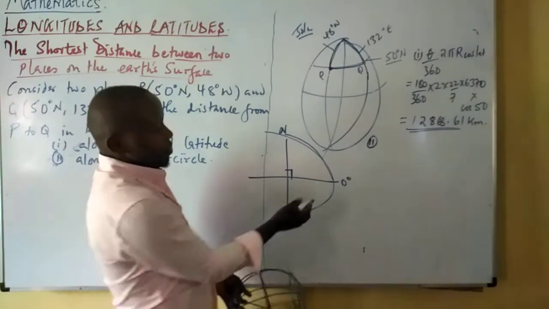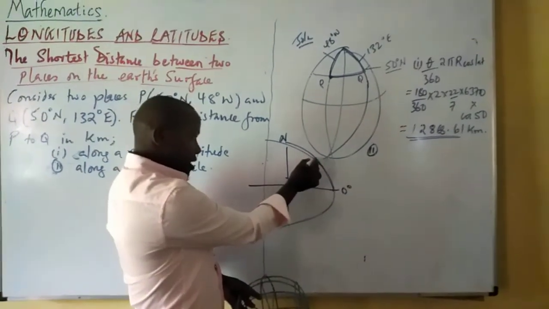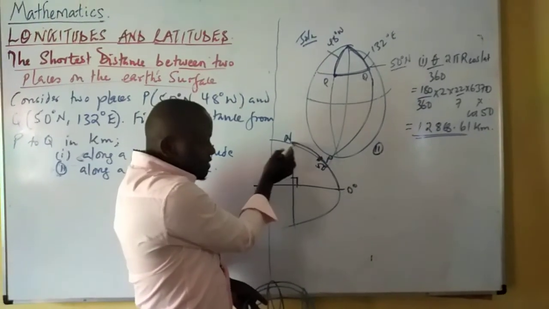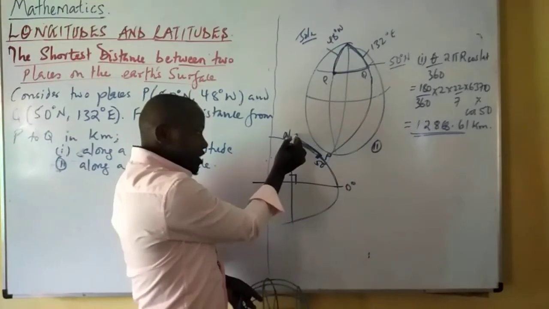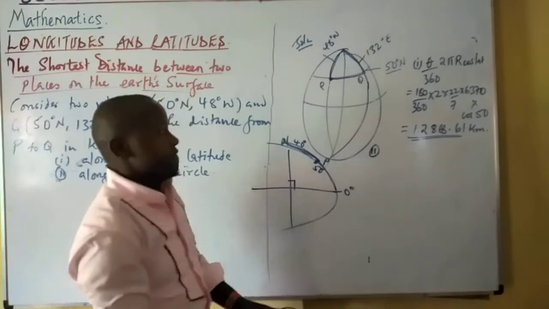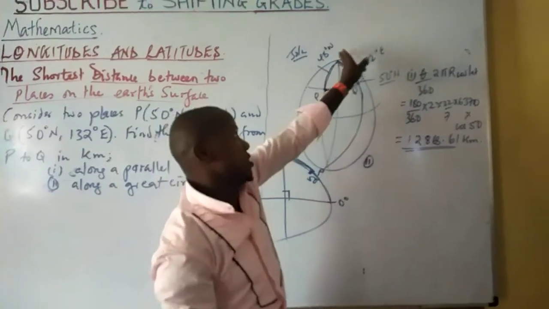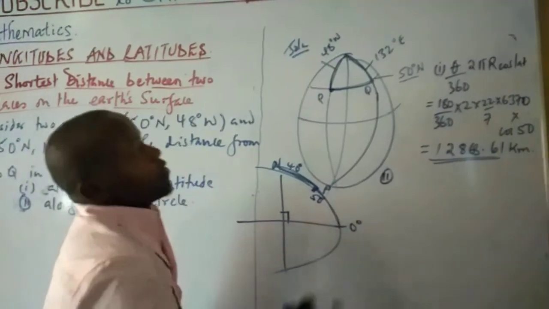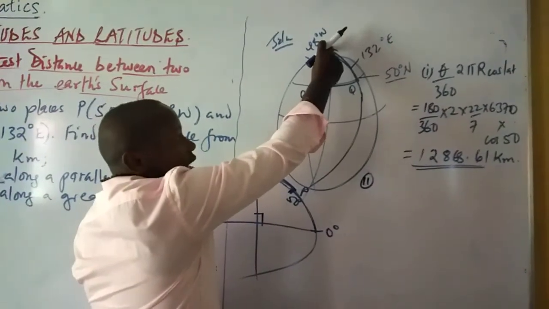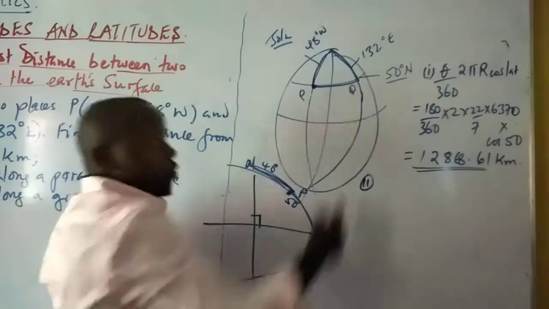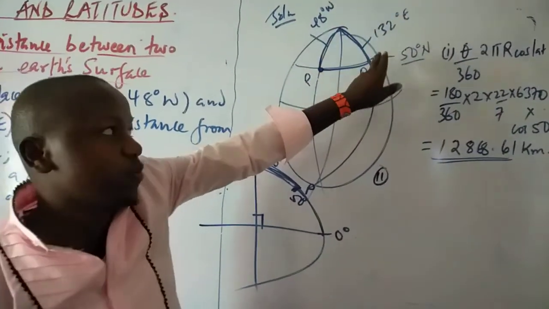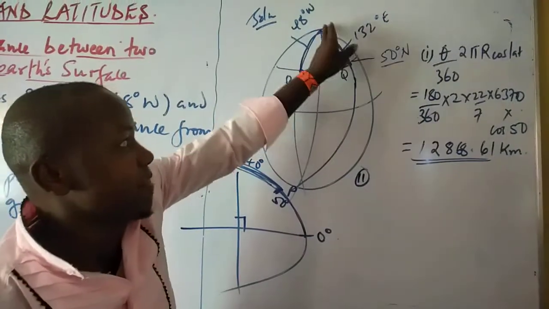Therefore, if P is already at 50 degrees, the remaining arc is 40 degrees. So from P to the north is 40 degrees, and from north again down to Q, we have reached 90, so from 90 to 50 again we have another 40.